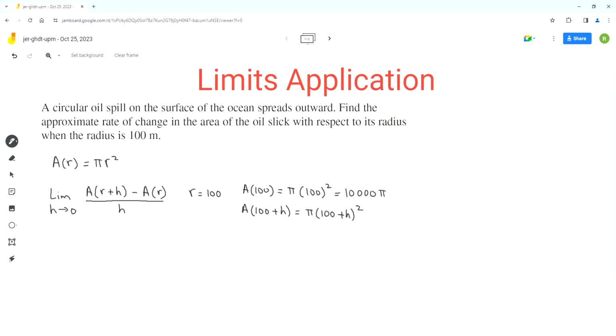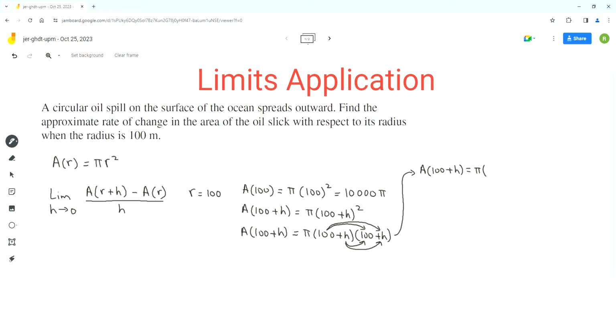So first we can expand the square. We get A(100 + h) equals π times (100 + h)(100 + h). Now we can simplify this expression. First we can distribute the terms using the FOIL method. So we do 100 times 100, then 100 times h, then h times 100, and then h times h.